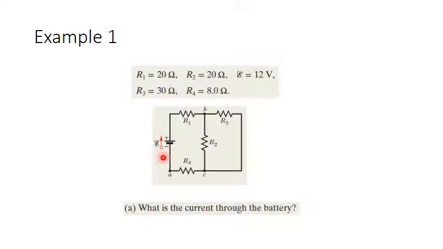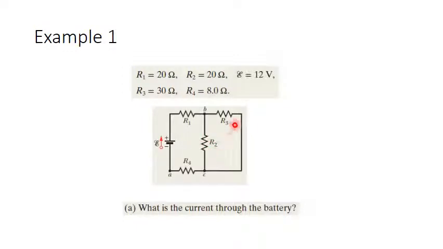So it is required to find out the current passing through the battery in this case. At the beginning, let us arrange this combination of resistors. If we look at resistances R2 and R3, we can find terminal 1 of R2 is connected to terminal 1 of R3, and terminal 2 of R2 is connected to terminal 2 of R3.